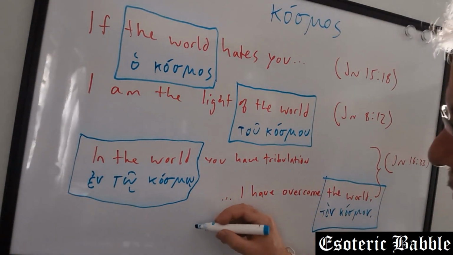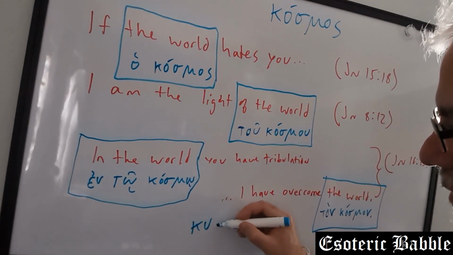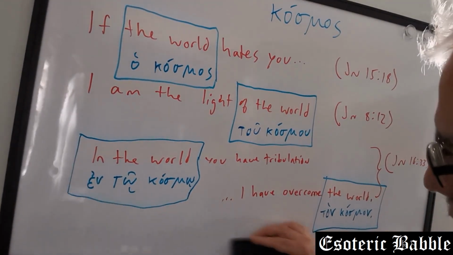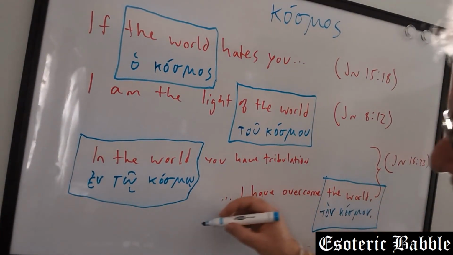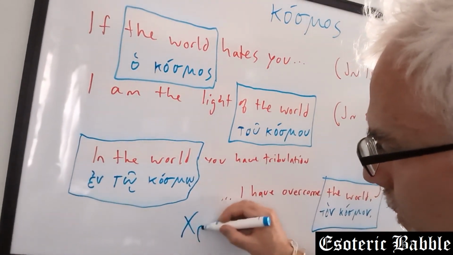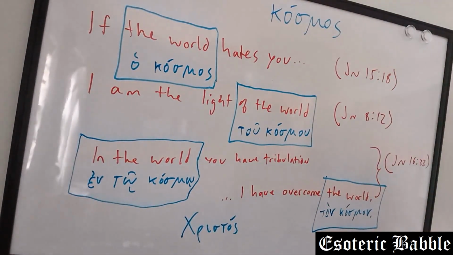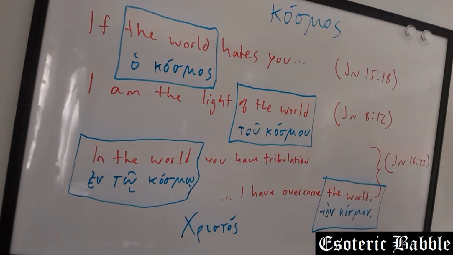So, for instance, let's take one that we've done already. Christos. If you were to address Christos, like in the Latin Mass, which they kept in Greek, Kyrie eleison, Christe eleison.